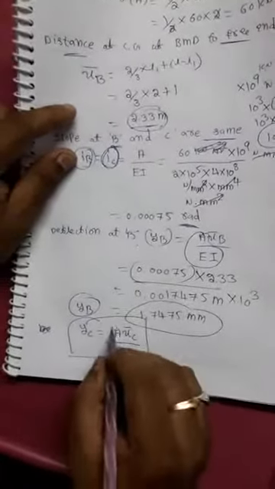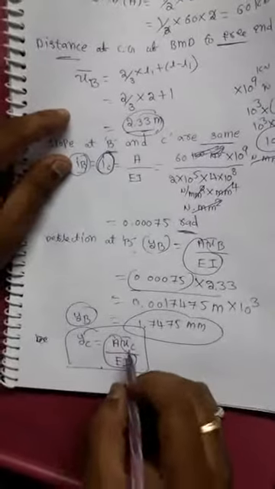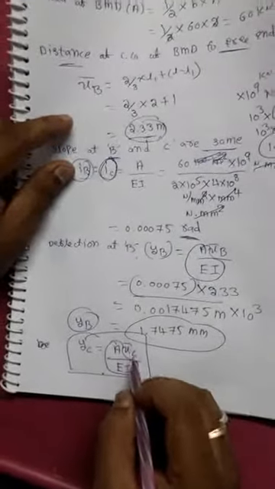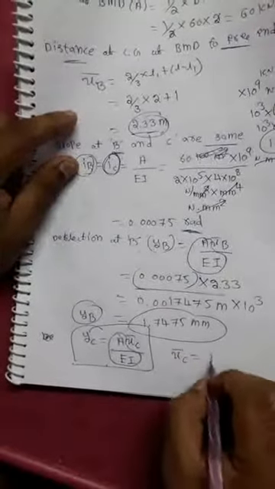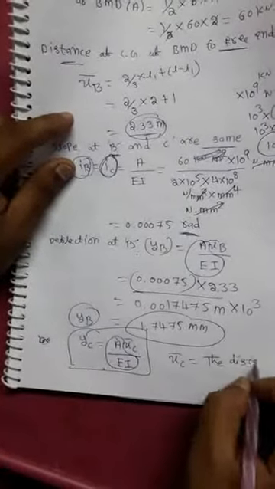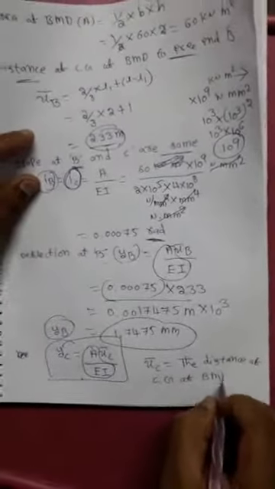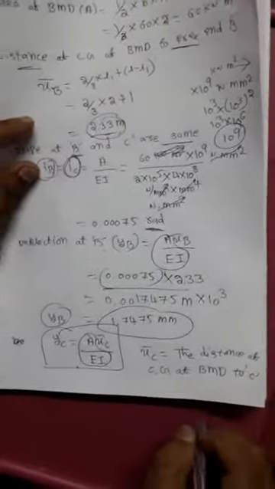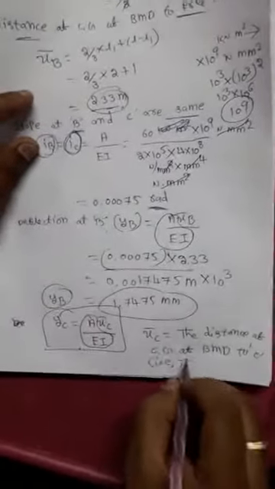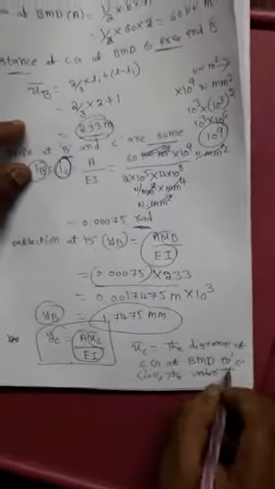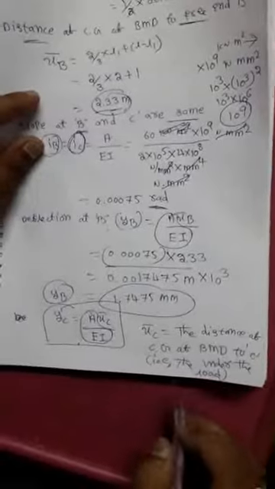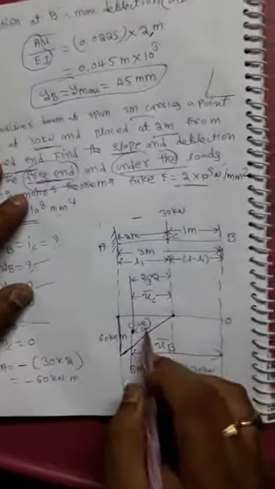Okay, but you have the value of A by EI, but you don't have the value of X bar C. So X bar C is nothing but the distance from the center of gravity of the BMD to C, that is under the load. So X bar C, the BMD looks like a triangle.